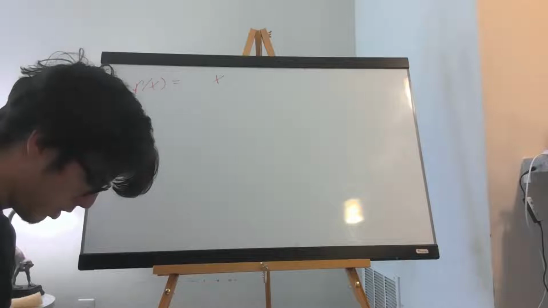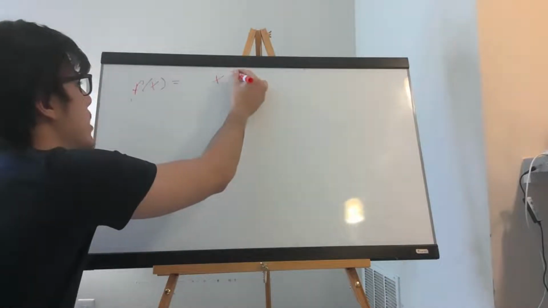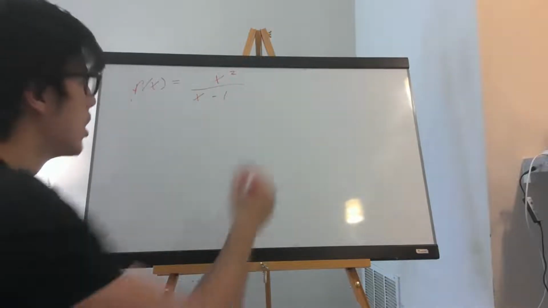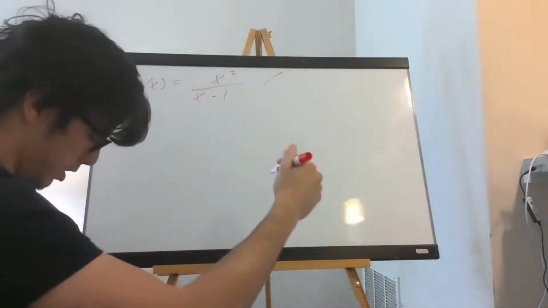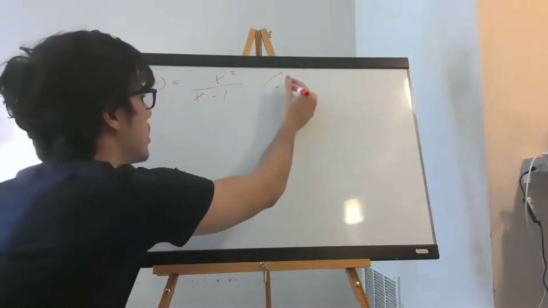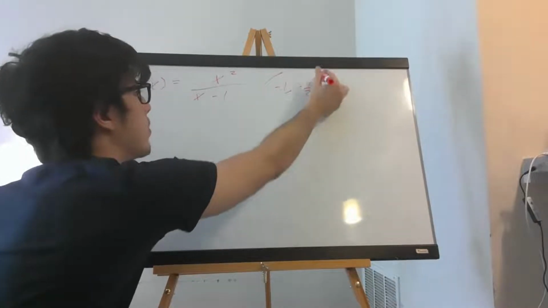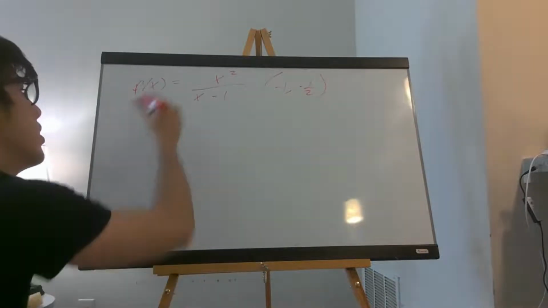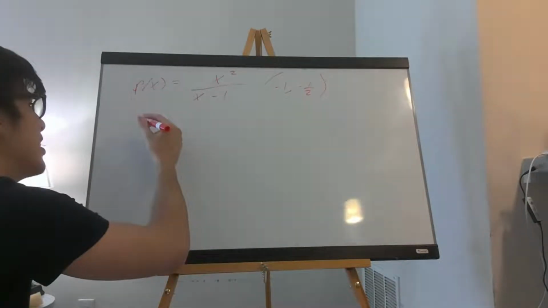x squared over x minus 1 at the point -1 and -1/2. Okay, so for this, we're going to be using the quotient rule to find this derivative.